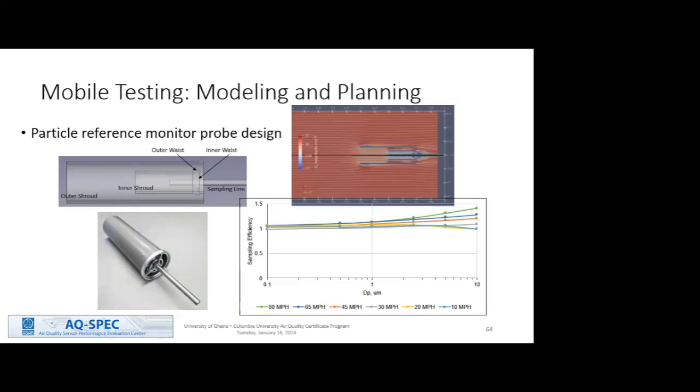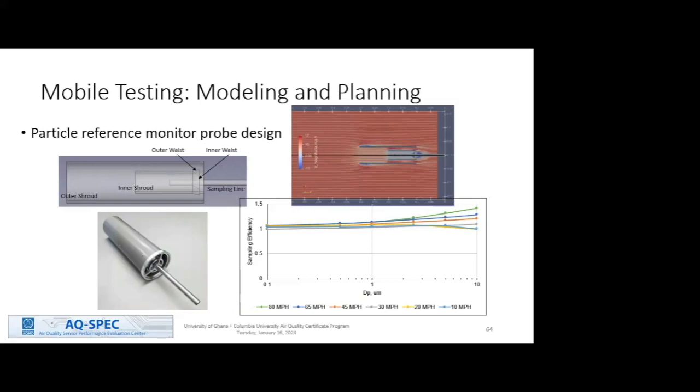If you give them more time to react, by the time you get to your sampling probe inlet, you're more likely to have a representative particle population. I think it was only in the last several years that people started going into the idea of a double shrouded probe. So you have one deceleration zone, and then you put a second deceleration zone before it. So you give the sample more time and more opportunities to decelerate and adjust their movements to the sample that would eventually go into your probe.